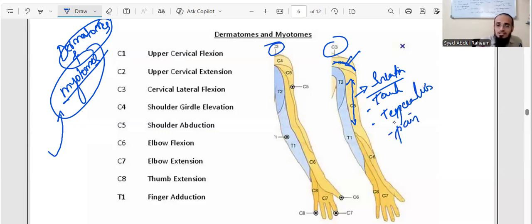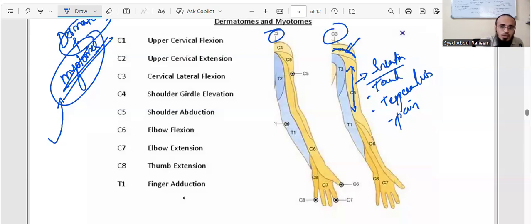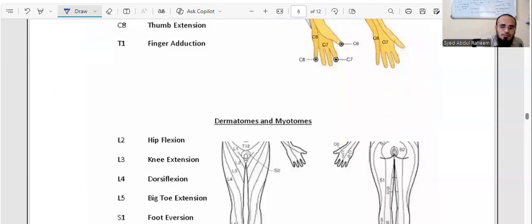Those sensations are taken away from that area to the cervical cord or spinal cord. So those are called dermatomes, and myotomes. Dermatomes and myotomes. I hope you are getting my points, everyone.